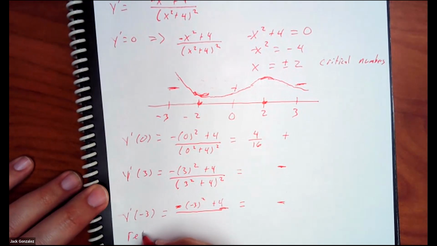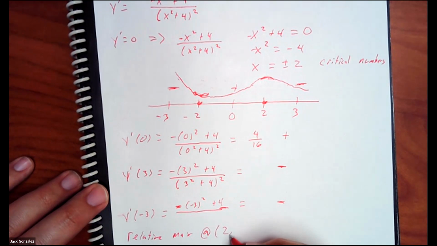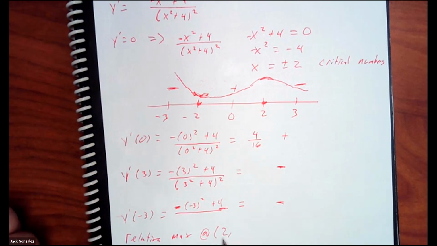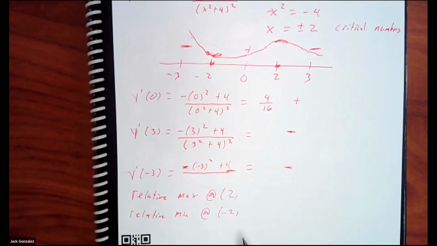So we have a relative max at 2 comma whatever that is. We'll find that in a second. Relative minimum at -2 comma something. So I need to plug this into the original function to get that value.